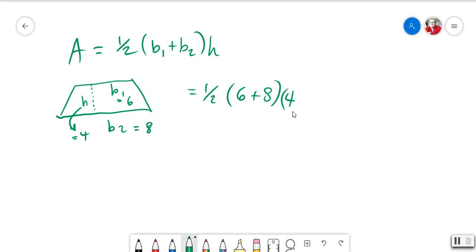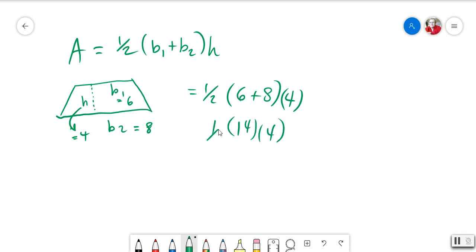times 4. And just to remind you that we're using more algebraic ways of showing this. In algebra, we don't use the little times symbol like that. We just put things straight together. So 6 plus 8, you do the parentheses first. 6 plus 8 is 14.